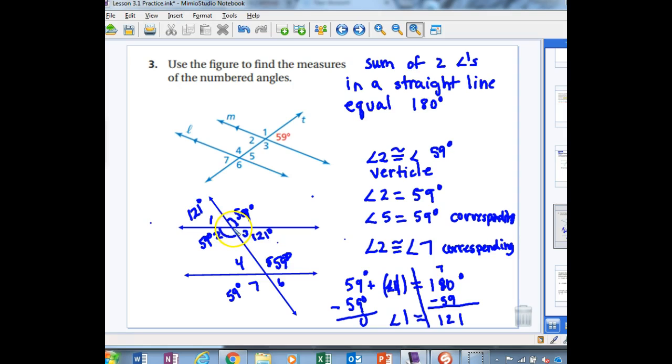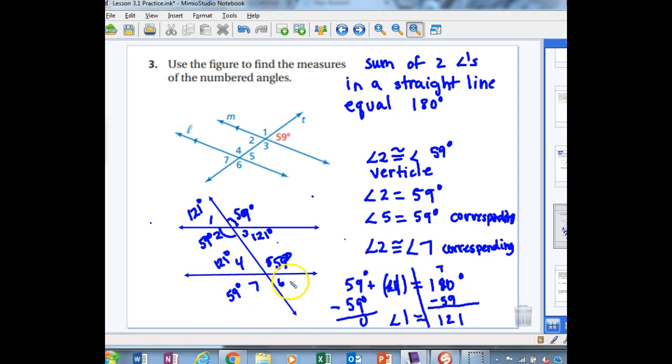Left or right? Top, left. Okay, so in these 4 angles, which angle is in the top left position? That means it's going to be congruent because it's a corresponding angle. This is going to be 121 degrees.